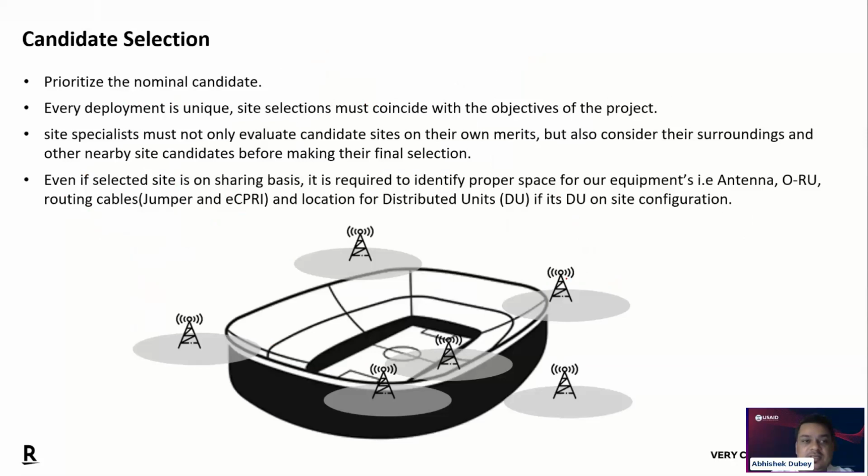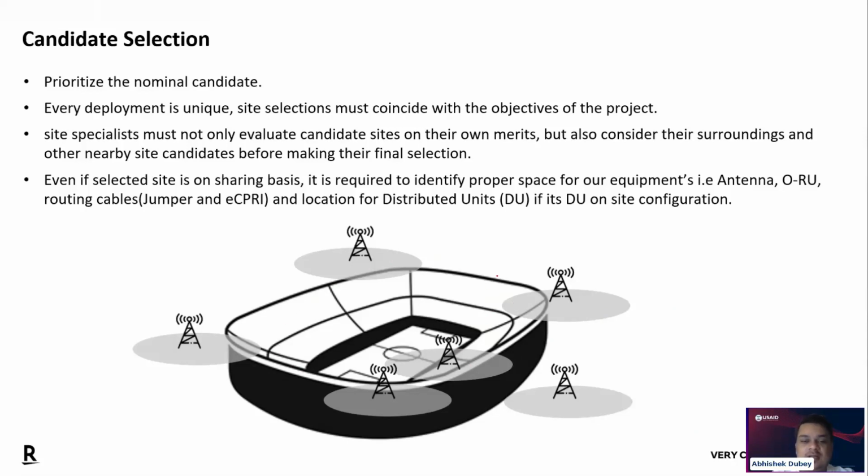The next part is how you are going to find a suitable candidate. Let's understand through one example. As I told you, always prioritize the nominal candidate, and every deployment is unique. Site selections must coincide with the objective of your project. There should be a target area. Let's say the target area is a stadium.